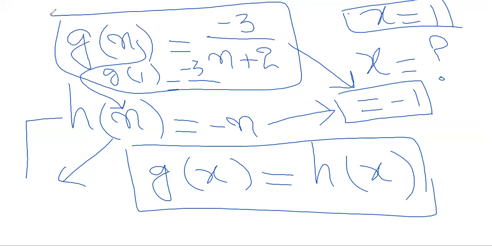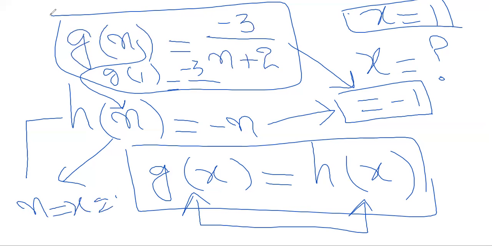So the one value is that if x is 1, you will make them equal. These are equal for what value of x? x is equal to 1.